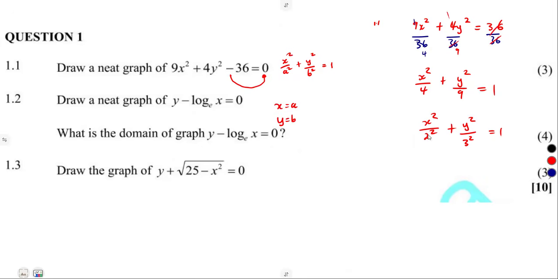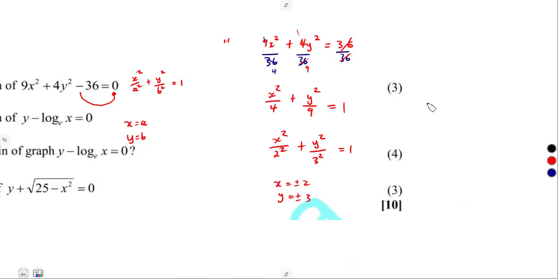So the value of our x intercept is going to be simply plus or minus 2. Then y is going to be at 3, which is simply plus or minus 3.